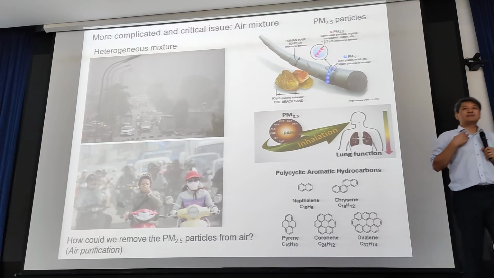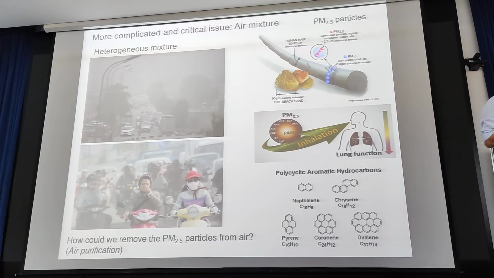So for the moment, there is one big question: whether the particles themselves are dangerous. Maybe the biologists can answer. Or the particles themselves are not toxic, but the chemical components inside the particles become toxic when they are released into the human body.